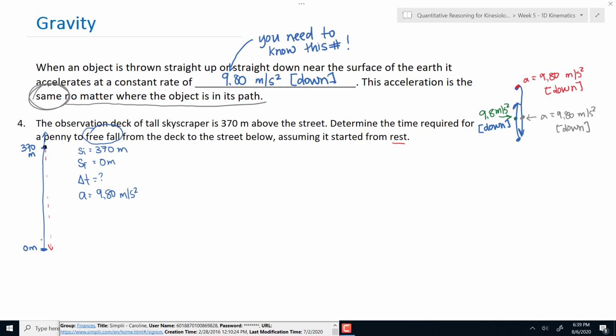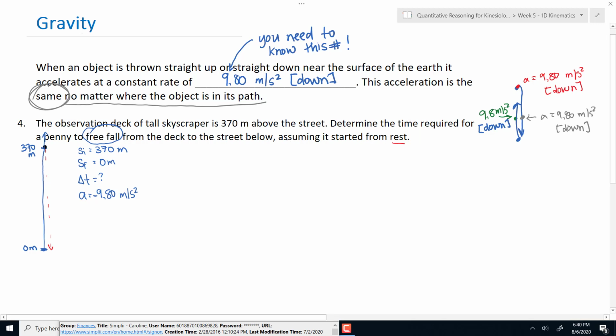So since acceleration due to gravity points down, that acceleration must be negative. Okay, so our acceleration due to gravity is negative 9.80. As long as you say up is positive, acceleration due to gravity will always be negative. But sometimes some people change it and they decide to make down be positive. And that would be fine too.